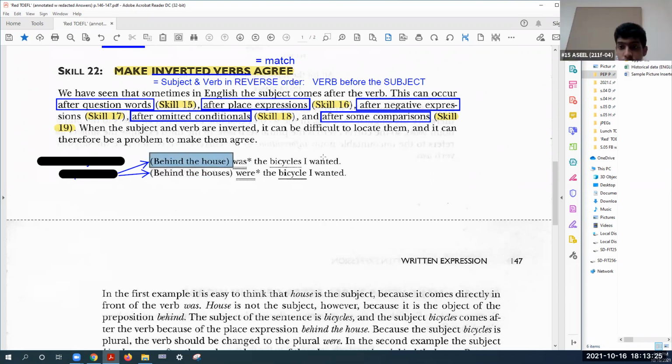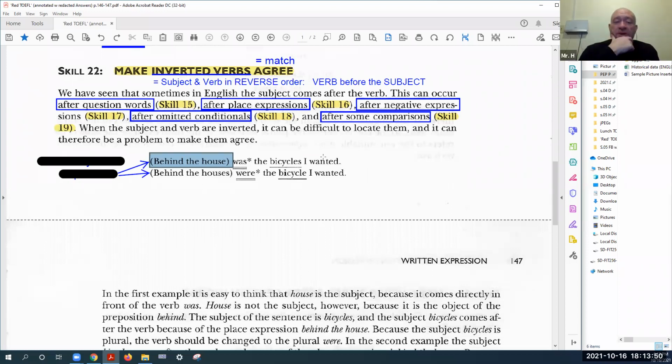Behind the house. Preposition. If you look above, we've got skill 15, 16, 17, 18, and 19. Is this any of those skills?